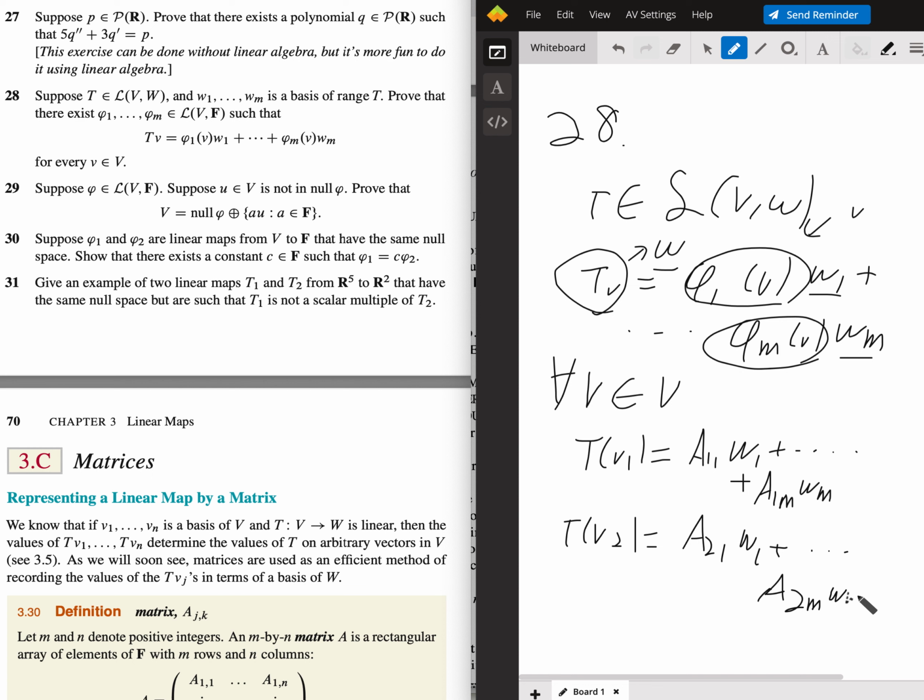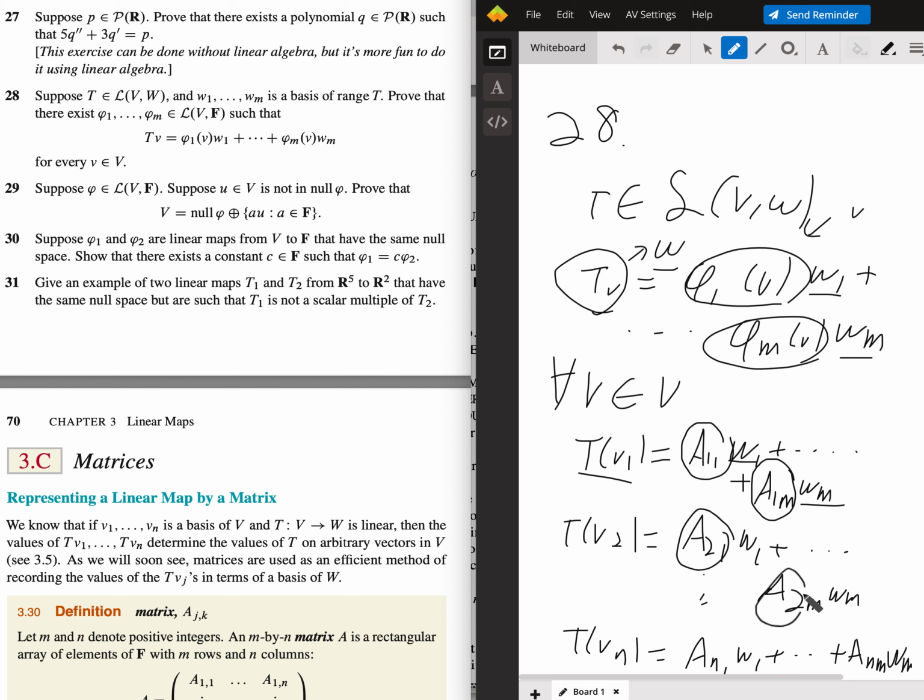But before I jump to there, this is very important for establishing that intuition. So T of v1 is equal to some linear combination of w1 through wn, and we call the coefficients of that linear combination a11 through a1m, just as a matter of labeling things and giving them variable names. And same for every single element that is mapped from a basis element in V, right?